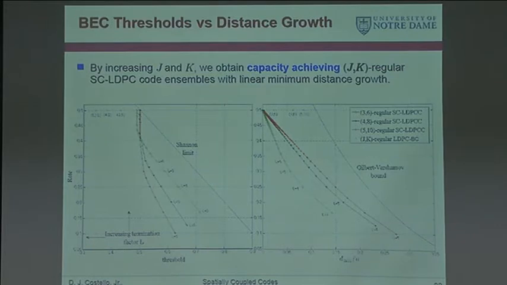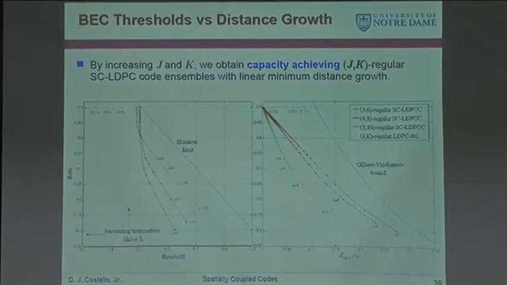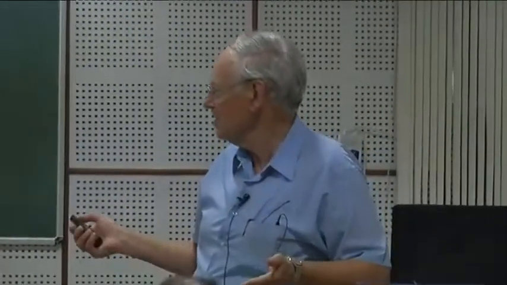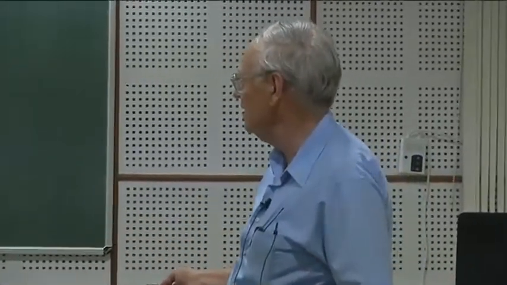So the purpose in presenting these originally was just to show that these had linear minimum distance growth. They have these great thresholds. They're still asymptotically good. But it doesn't make any sense to think that the codes are getting weaker as you increase the termination length L. And the reason is because the strength of a convolutional code really comes from the free distance rather than the minimum distance. So in some sense, these pictures are a little misleading.